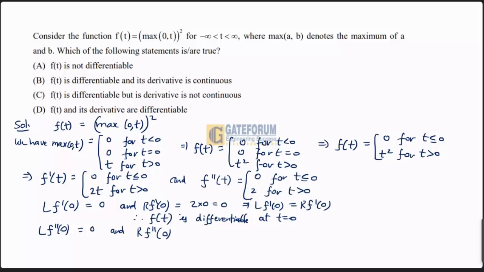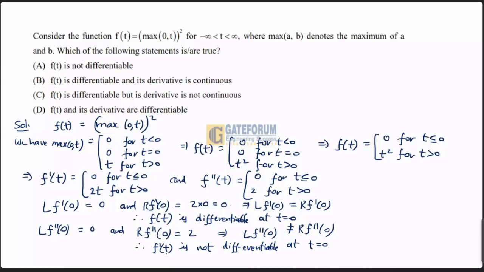So at t equal to 0 this is 2 only, which implies L f double dash 0 is not equal to R f double dash 0. Therefore f dash t is not differentiable at t equal to 0.